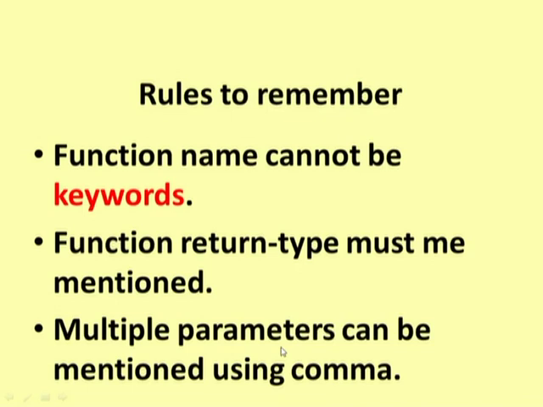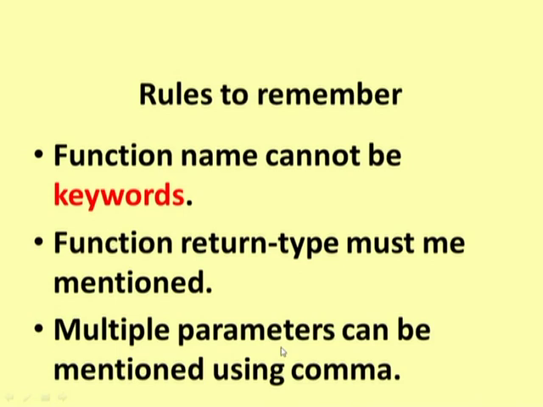Second point, the function return type must be mentioned. Here I mentioned the void keyword. If my function is not returning any value, then it is mandatory to write the void keyword. If my function is returning an integer value or a float value, instead of void I have to write the data type, either int or char or float or double, etc.